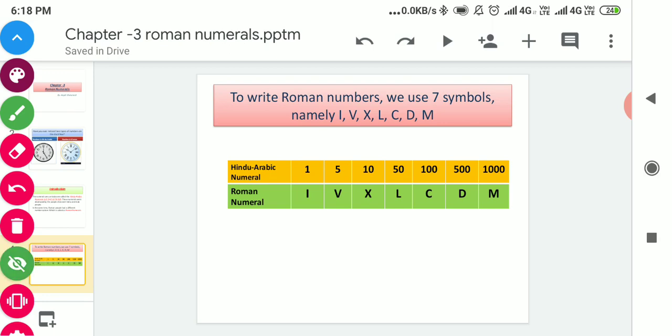In this given table, you can see two types of number systems: Hindu Arabic numeral and Roman numeral.